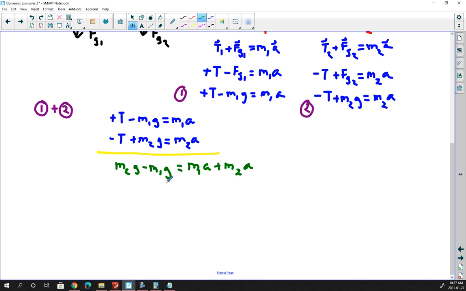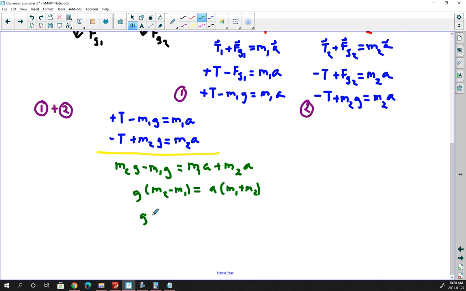So if you look at the left-hand side here, I can factor out a g. So g is factored out. And over here, I can factor out an a. So that's been factored out. Now I'm going to divide both sides by this sum, m1 plus m2.